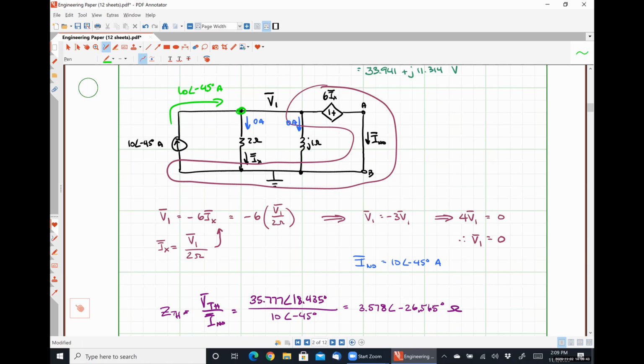No current can branch off because if there's no voltage drop over the 2 ohm resistor, no current can flow through the 2 ohm resistor. So that same current flows into this node. Again, no current can branch off and flow down through the inductor because if there's no voltage drop over the inductor, there's no current flowing through the inductor. So all of that current must flow through the short circuit.